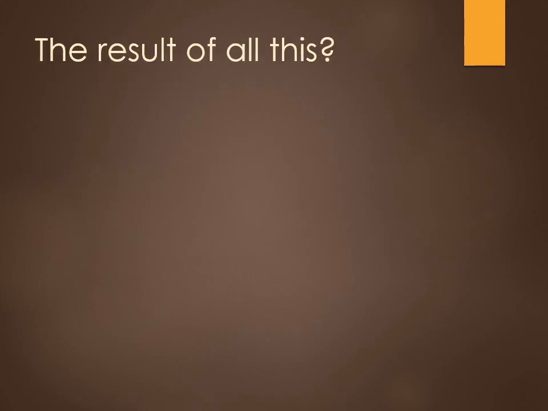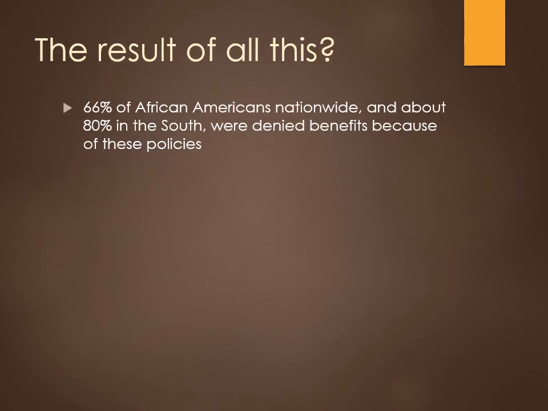Now, what was the result of all this? Well, 2/3 of African Americans nationwide and 80% of them in the South were denied one or more of these federal benefits because of these policies that we talked about, whether it was Social Security or the labor protections or the GI Bill or home loans.